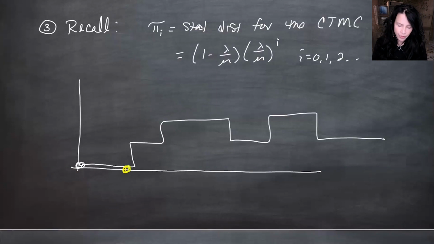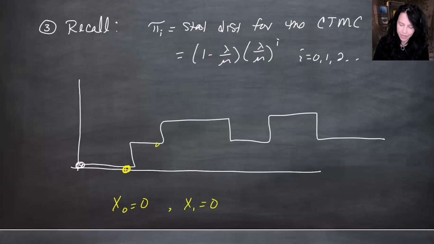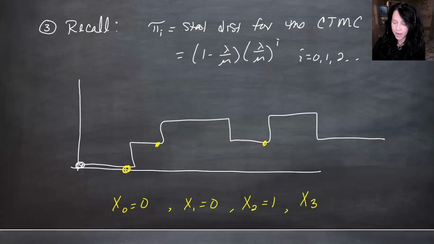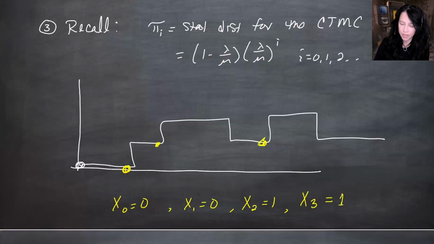So you would have an x0 equals 0 and an x1 equals 0. And you're looking right here. So you would have x2 equals 1. And you're looking right here if you're doing PASTA in the forward direction. So the third time someone arrives and looks at the number of people in front of them, there is 1 person in the system, because when this person arrives, they increase it to 2.